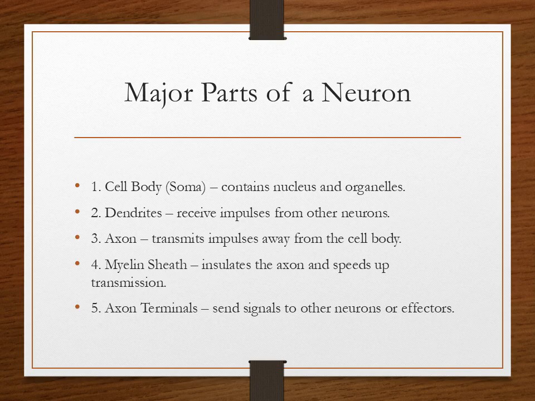Third, you have the axon, which transmits the impulse away from the cell body. The axon is covered by a myelin sheath which helps in the signal transmission. And finally, we have the axon terminals which help to send the signals to other neurons or the effectors.